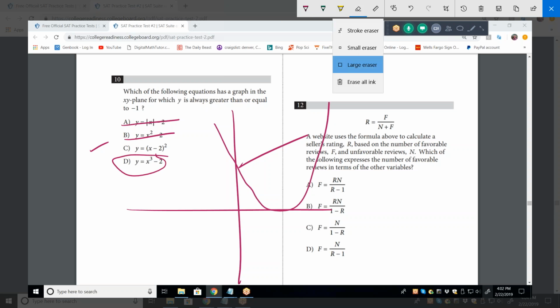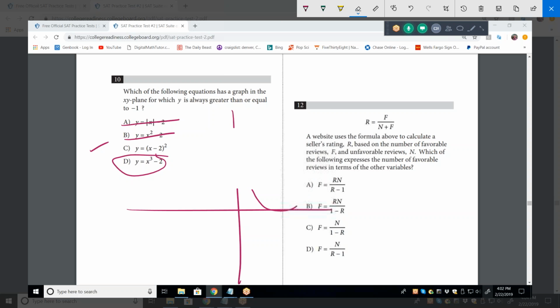And that's one of the things we teach in our seminars: do not spend time checking answers. You're going to not have enough time. This one looks like something like that, and that's got all kinds of y values that are less than -1. But the key thing is we discovered a correct answer, you go with it. Okay.